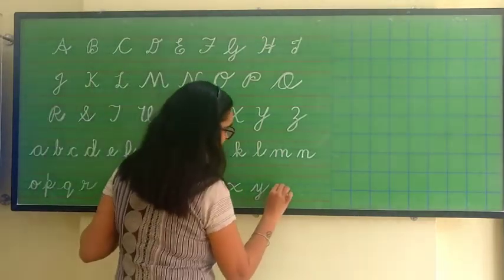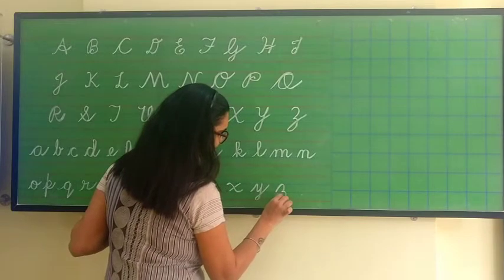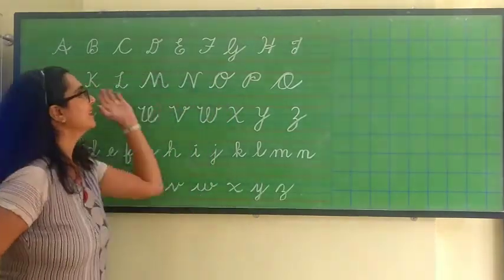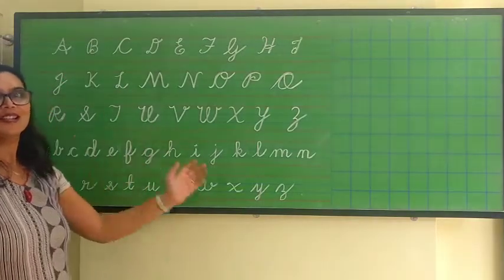So the last letter, children, is Z. So here I have completed writing the capital letters and the small letters.